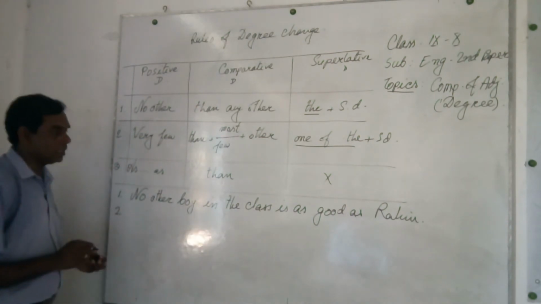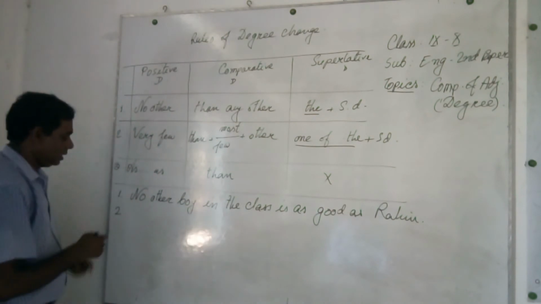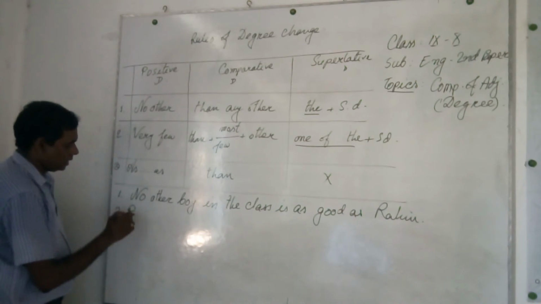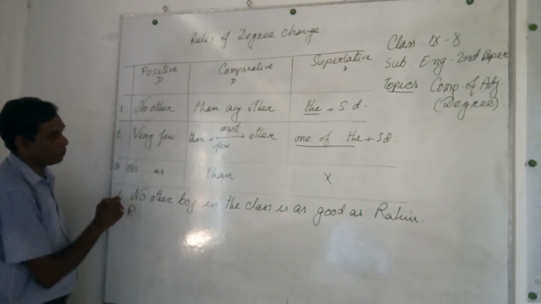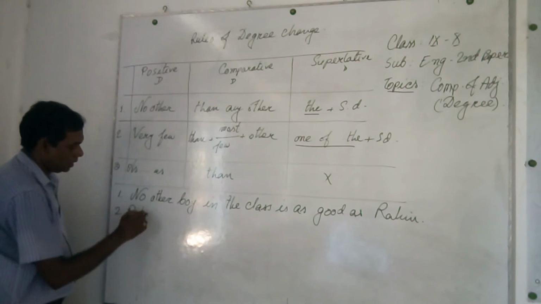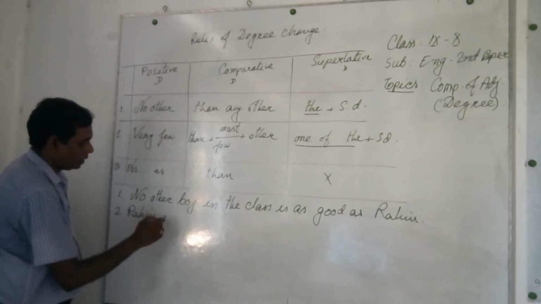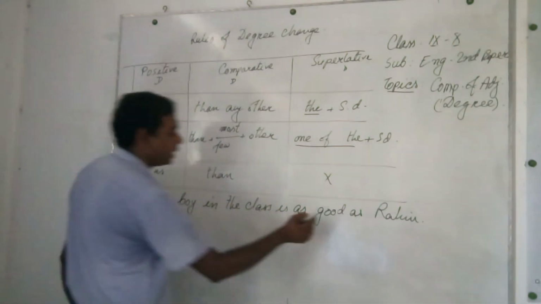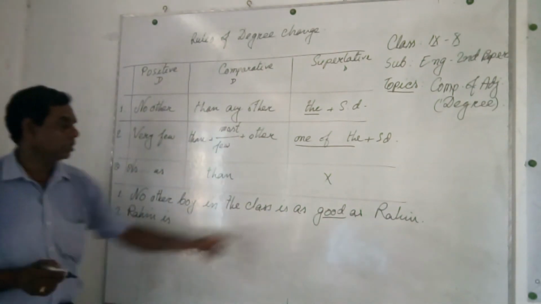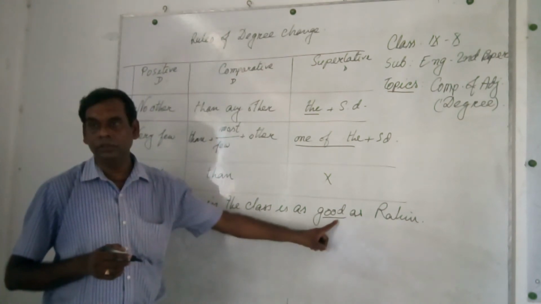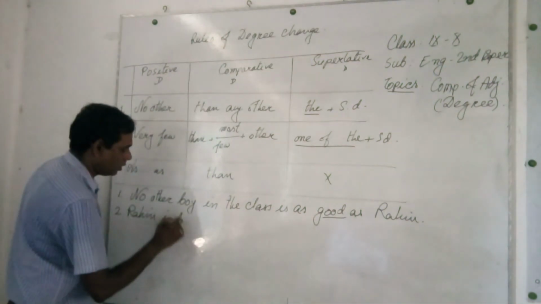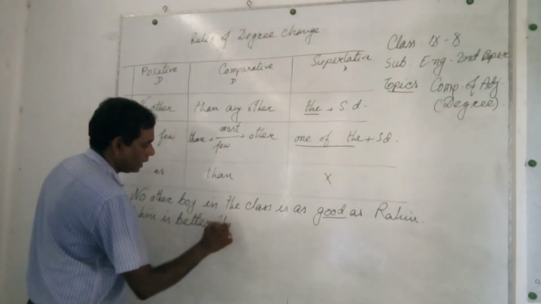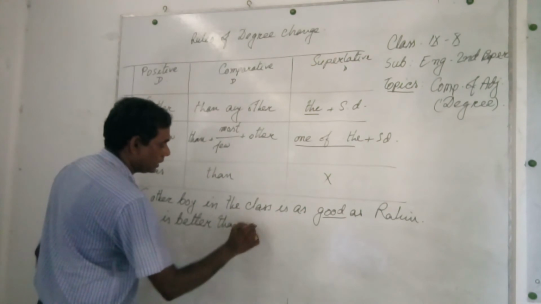If we change it into the comparative degree, at first comes the last subject of the positive degree: Rahim, the subject, and then the verb is, and then the comparative degree. Comparative form of good, better. Rahim is better than any other.